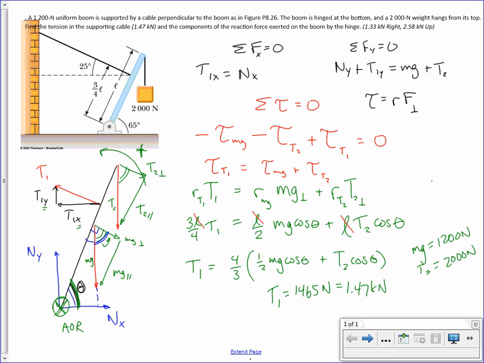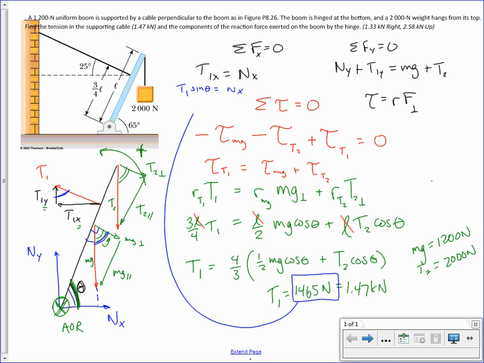Okay, the components of the reaction force. Well, for that, what I would do is now that we know T1, I would put that back into here, where T1x is, let's see, here's the angle again. If we want to use the same angle theta, there's that angle theta. So T1x is going to be T1 sine theta equals nx.